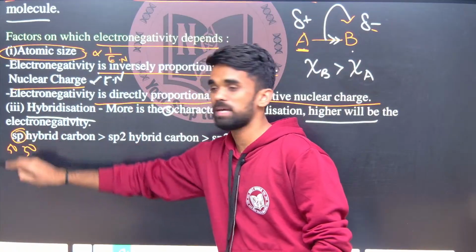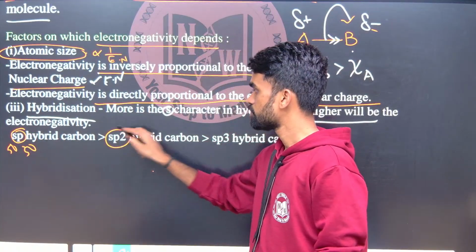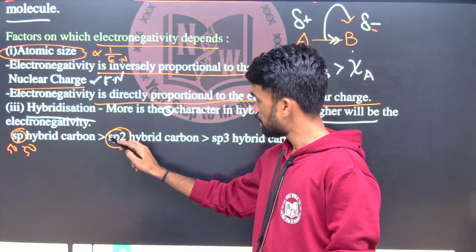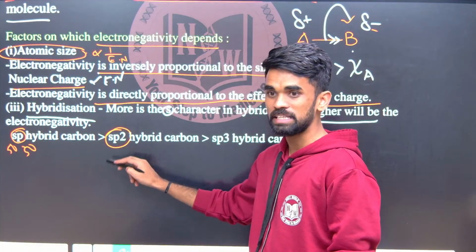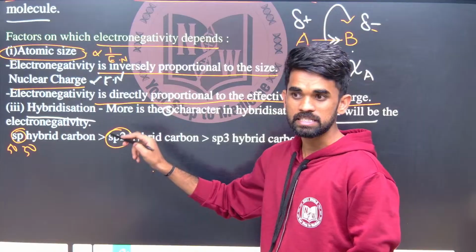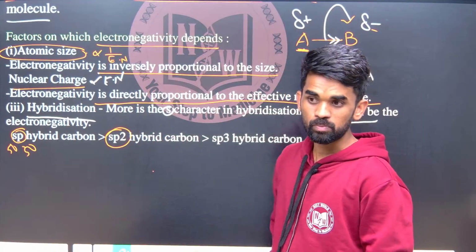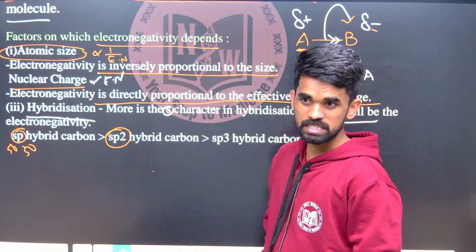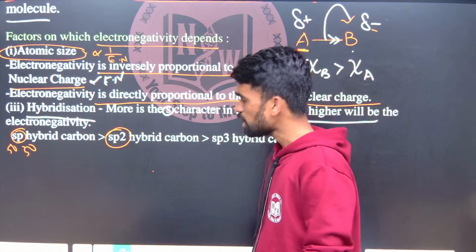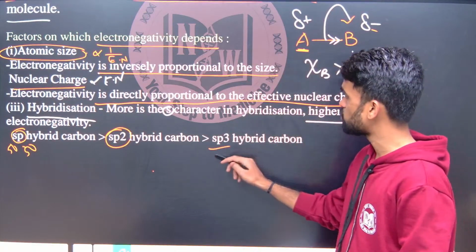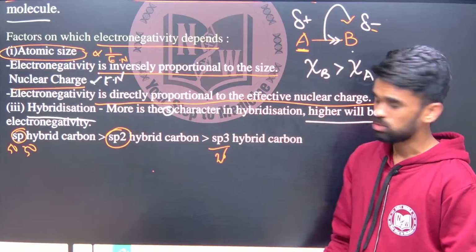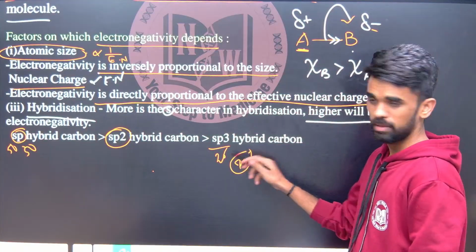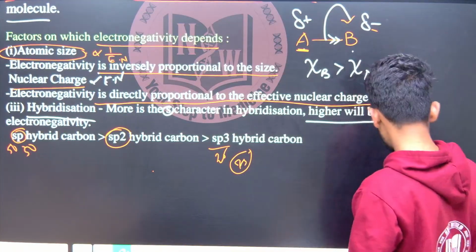Next, here you just divide 100 by 3: 33.33 and 66.67. Next, this one is 25% s and 75% p. Is that clear? Next.